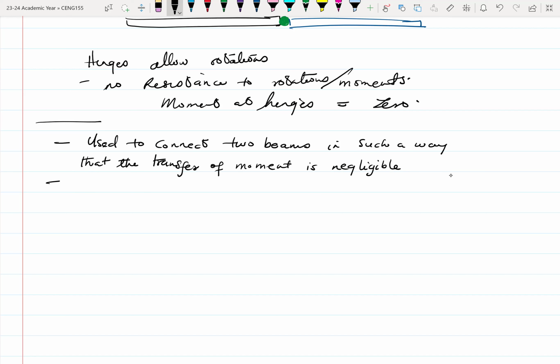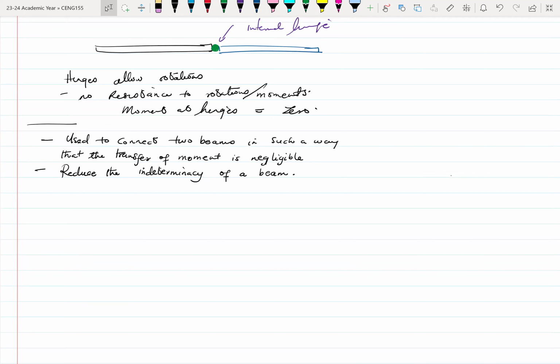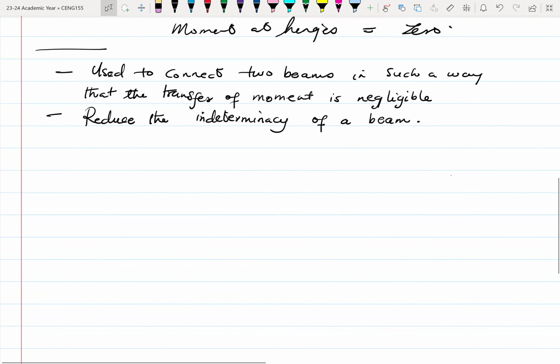I hope this is better. Sometimes the handwriting just doesn't work. And also reduce the indeterminacy of a structure or of a beam. So these are the reasons why we need the internal hinge.